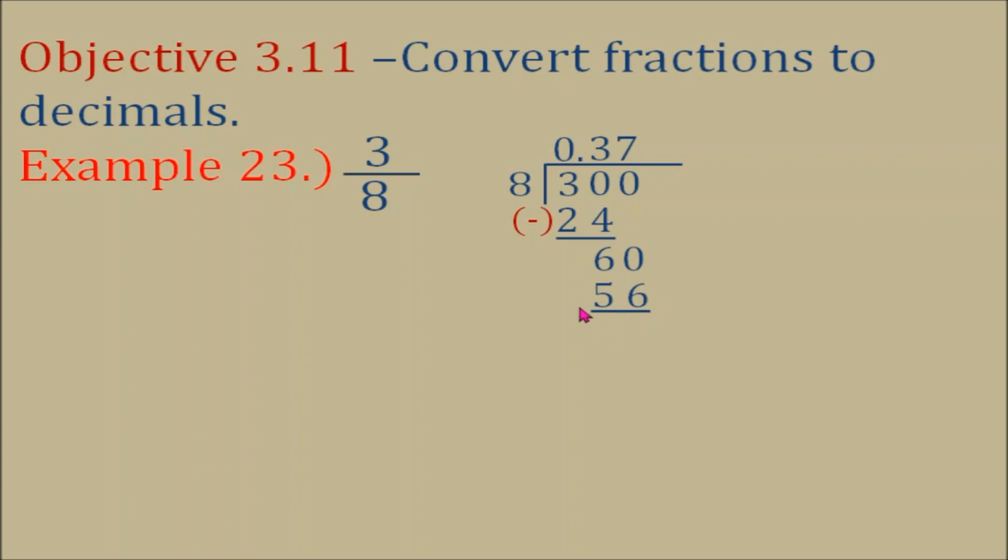Then 60 minus 56 is 4, and then we can add another 0, so that's 40 divided by 8, that's 5. 5 times 8 is 40. Then 40 minus 40 is 0. So this means 3/8 is 0.375 in decimal form.